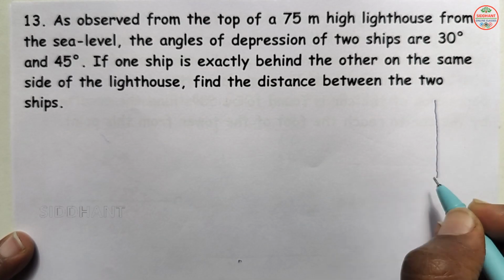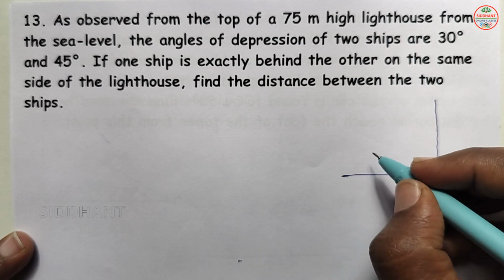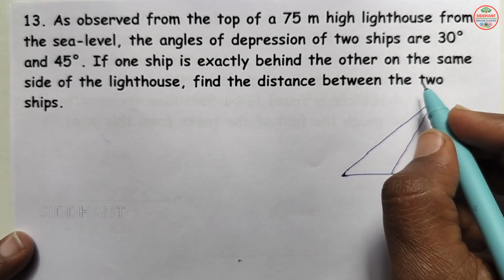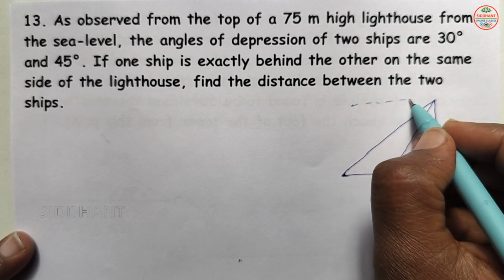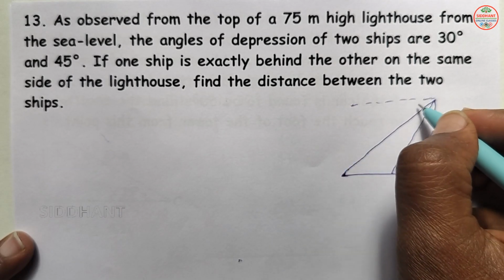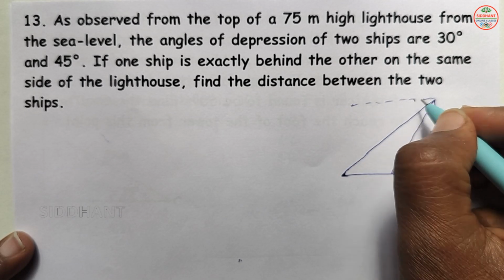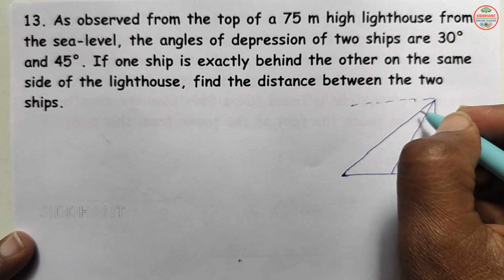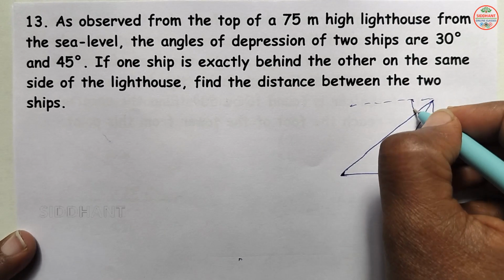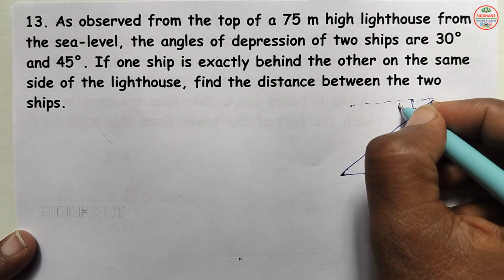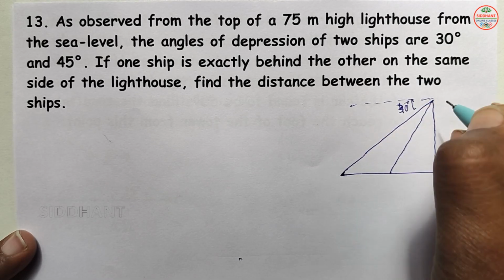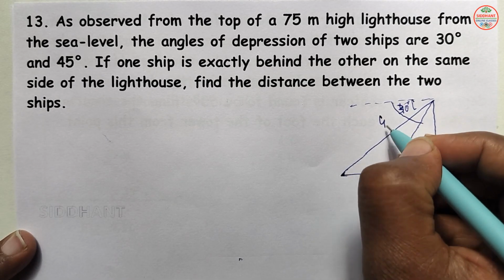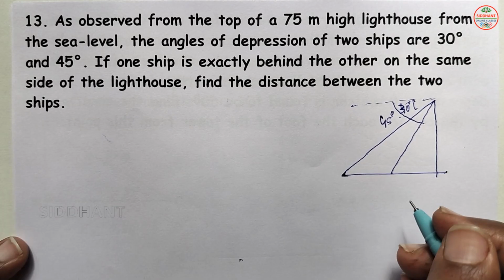So here a lighthouse is there. So here two ships when you are going to see, one angle of depression is 30 and the other is 45.